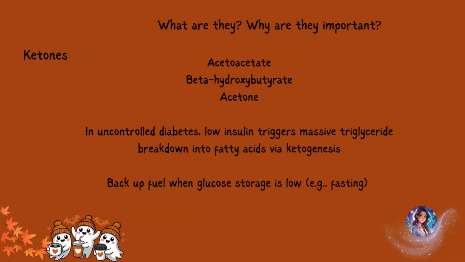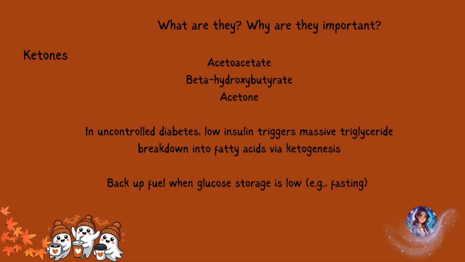What are ketones and why are they important? They're small water-soluble molecules: acetoacetate, beta-hydroxybutyrate, and acetone. They're made in the liver when glucose is low, like in fasting, starvation, or uncontrolled diabetes. Think of them as our emergency fuel. How they're made, this is called ketogenesis.